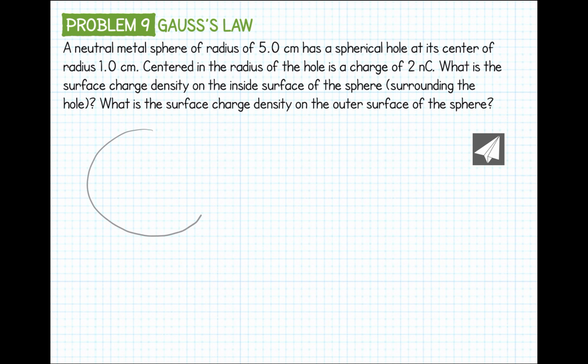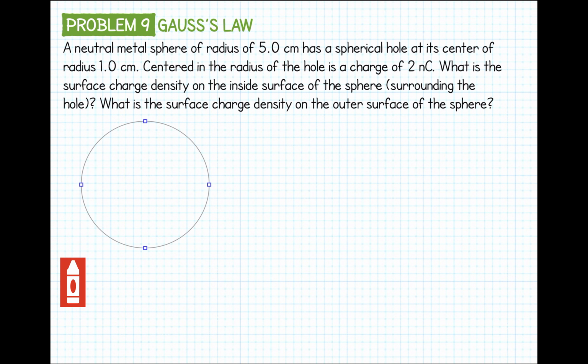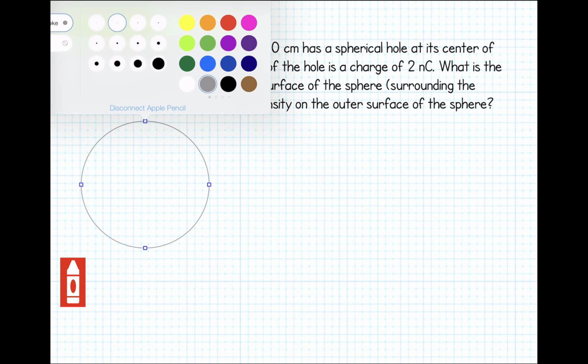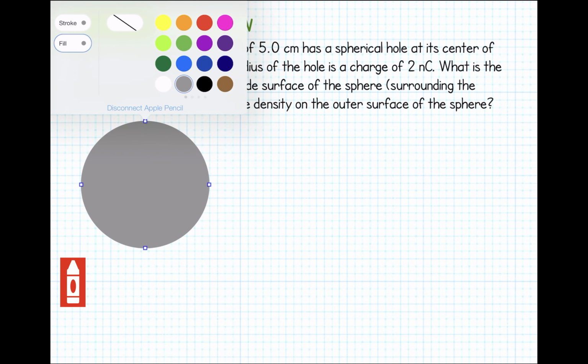And obviously it's hard to draw three-dimensional things. So I'm going to draw it as a circle, but you'll have to realize that it's actually a full sphere.